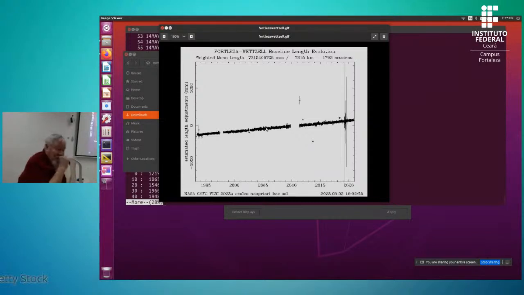As another example of this, we had earthquakes in Chile and in Japan. And the earthquakes in Japan were particularly problematic because the stations there are stations that we use for intensive measurements.